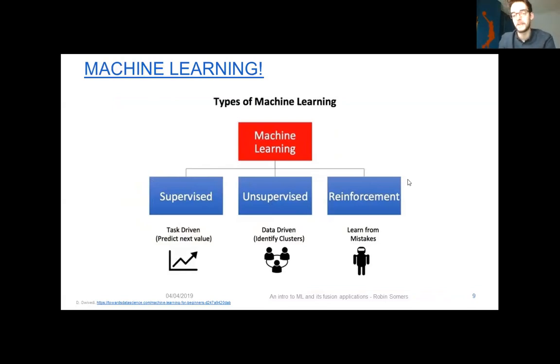Reinforcement learning is actually quite a different branch where robots or agents learn from mistakes. So they get rewarded for good actions, and they get punished for bad actions. We'll be mainly talking about supervised and unsupervised, although I'll show an example of reinforcement learning as well.